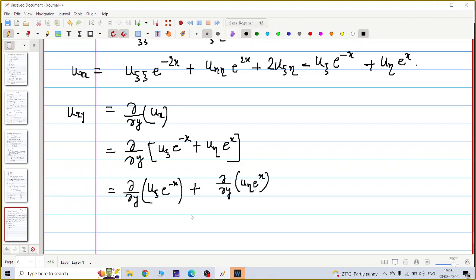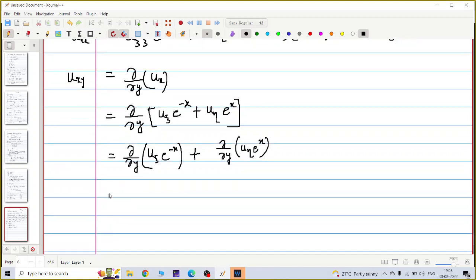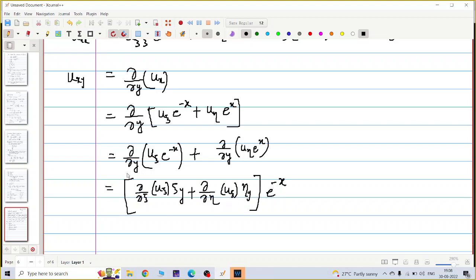So e power x and e power minus x will come outside. So del y of u xi means del xi of u xi into xi y plus del eta of u xi into eta y. Now e power x comes out, e power minus x comes outside. Therefore, if this line is okay, from this part I am writing this.